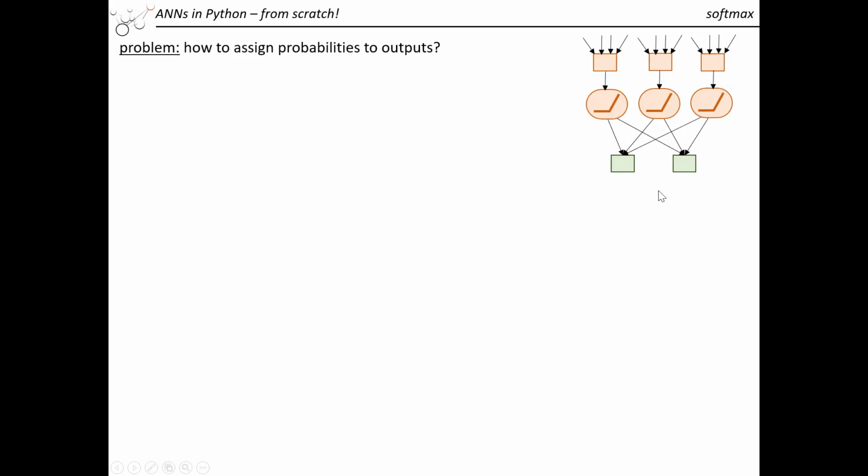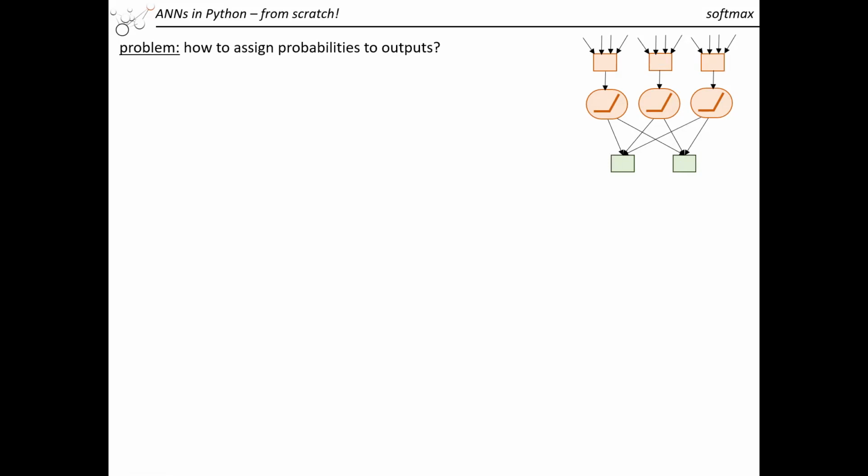And what we want to achieve at the end is that our network can categorize, for example, different images or different data points. So for example, I have a set of images where you can see cats and dogs and birds and many other objects. And therefore you have as many output neurons as you have categories, and you want to assign probabilities to the different classes or categories.